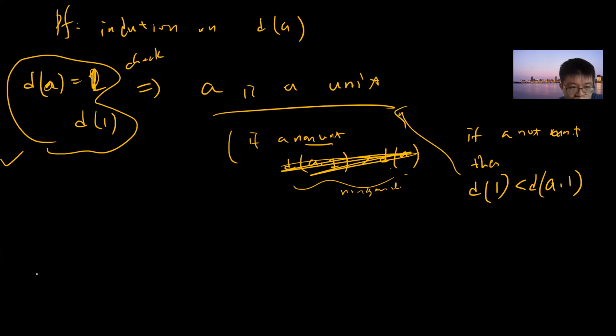Okay, so that's the ground truth. And for the induction step, let's assume that all the elements X such that D of X is less than D of A are a product of primes.